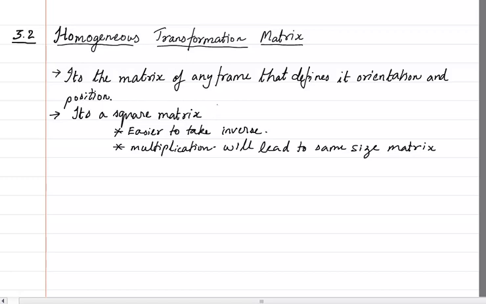So it's a square matrix, so it can be either 3 by 3 or it can be a 4 by 4.